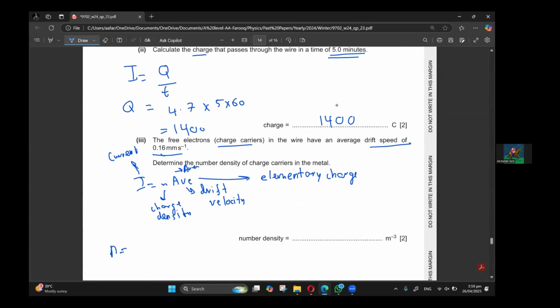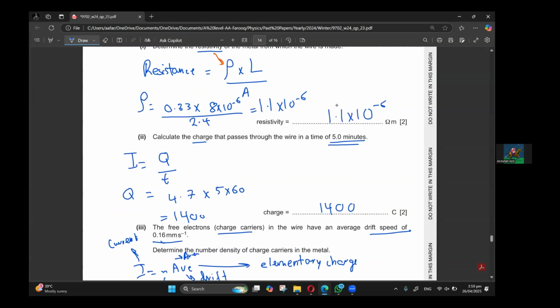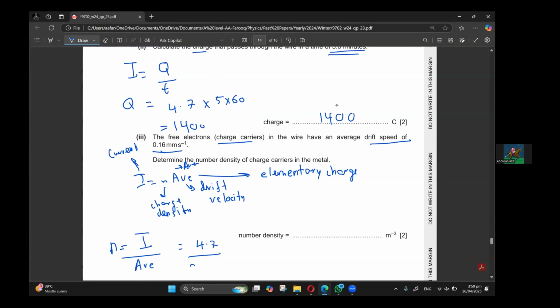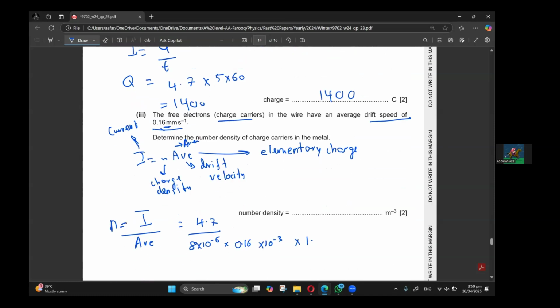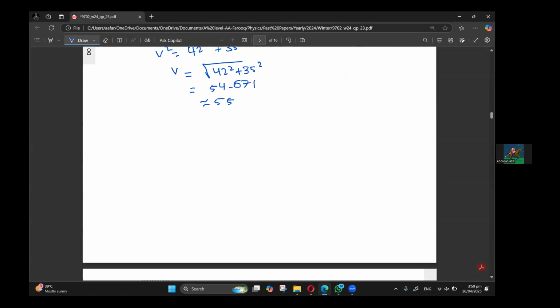So n is equal to I over AvE. Current is 4.7, area is 10 to the power negative 6, drift velocity is 0.16 into 10 to the power negative 3, since it is millimeters, and the elementary charge is 1.6 into 10 to the power negative 19.